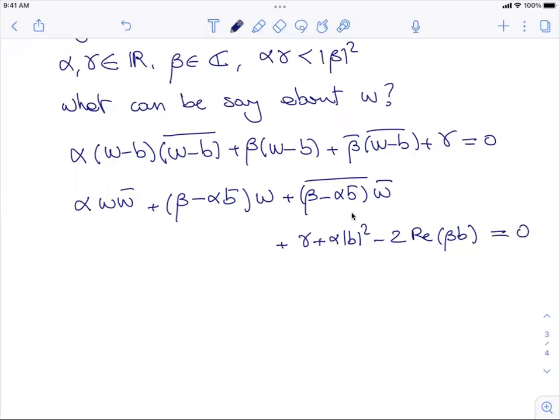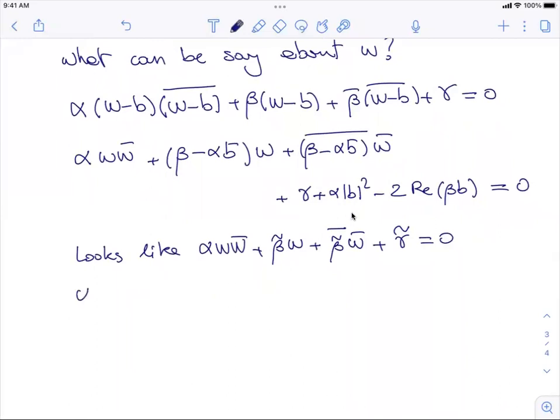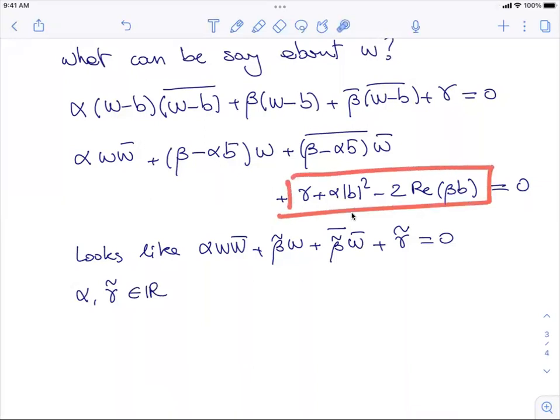And then we notice this has the form we intended: alpha w w bar plus beta tilde w plus beta tilde bar w bar plus gamma tilde equals 0. Alpha and gamma tilde are both real numbers for sure. Notice here, this is gamma tilde. So it's real, real, real. So everything is good.